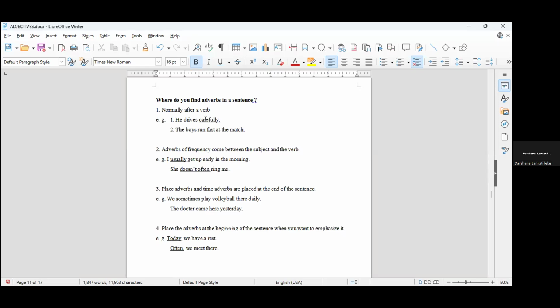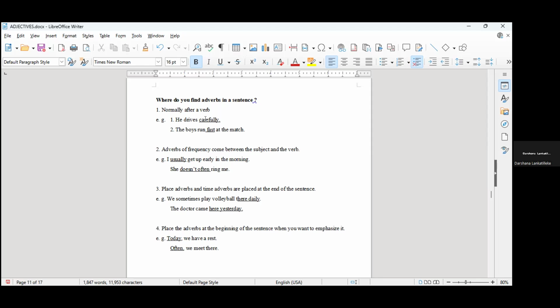Okay. Then next one, adverbs of frequency come between the subject and the verb. That means before the verb. I is the subject. Subject means the person who does that work. Action. So I usually get up. Get up is the verb here.